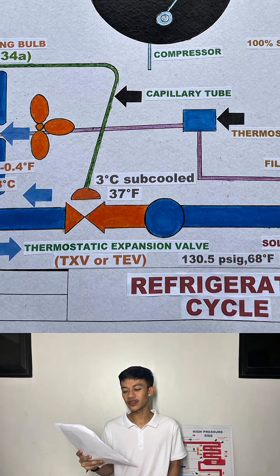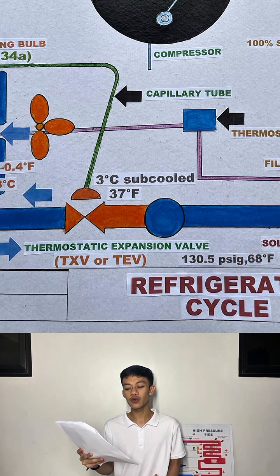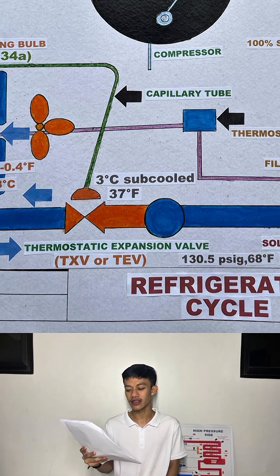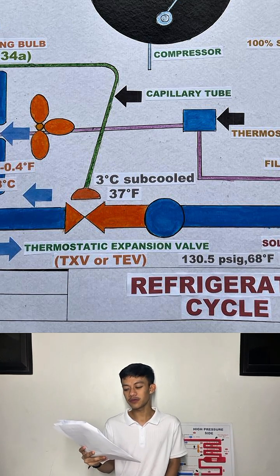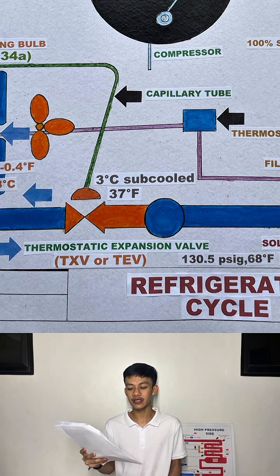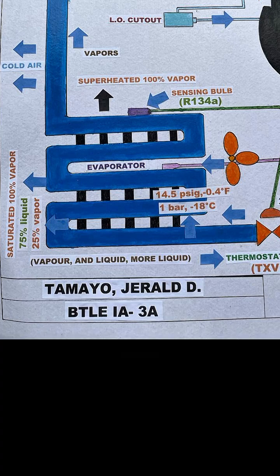TEV maintains a certain degree of superheat so that liquid refrigerant just does not enter into the suction side of the running compressor. Also, TEV maximizes the heat exchange between the evaporator coil and the refrigerated space. So that is the TXV or TEV.